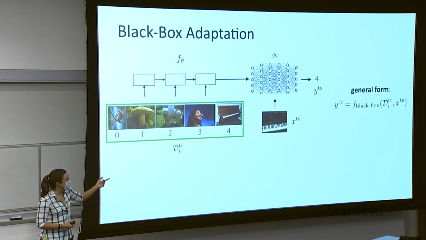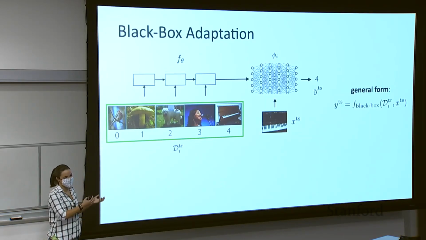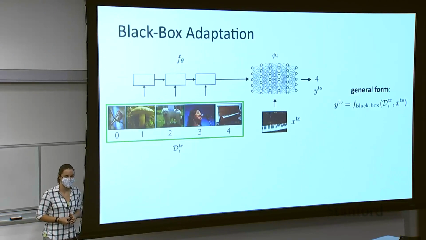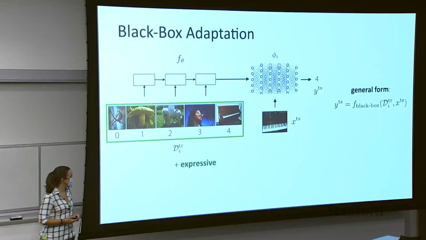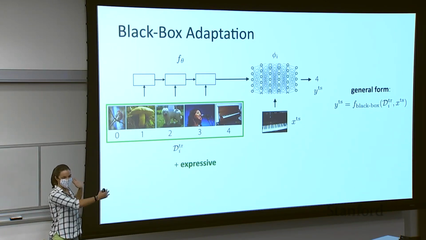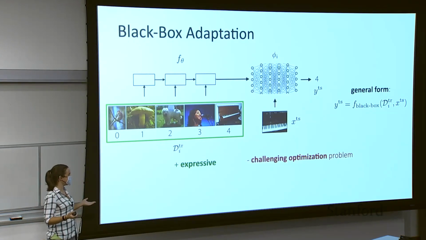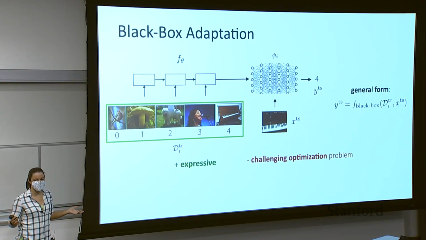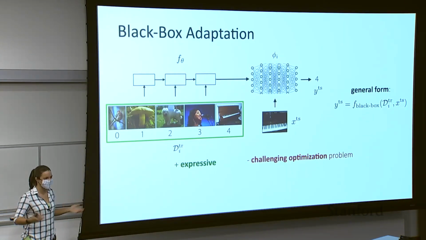And so the general form of these kinds of models is something that takes as input the training data set and a new example and is trained to output the correct label for that example. The pros of this approach is that it's a very expressive neural network, a very general form of representing a learning procedure. The downside is that it's a very challenging optimization problem to learn how to learn from scratch.